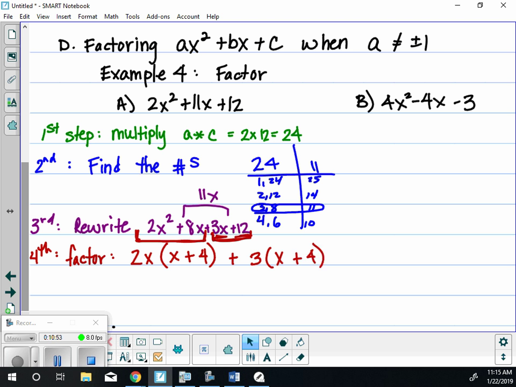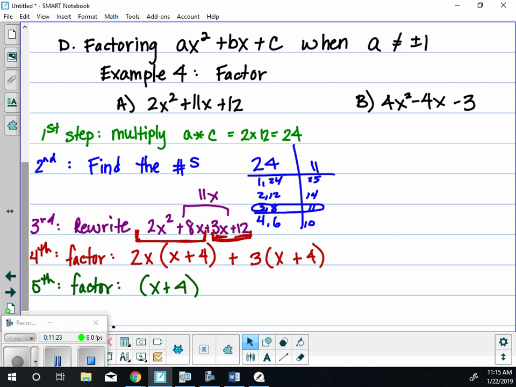So what happened when we factored it like this as two separate pieces? Both of them have an x plus 4. So because they both have something in common, we can factor it again. They both have an x plus 4, so we can take that out.